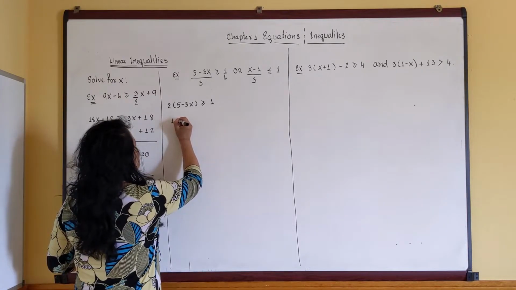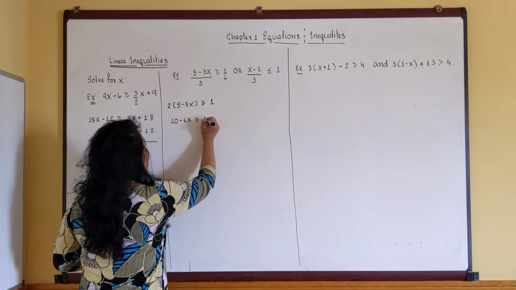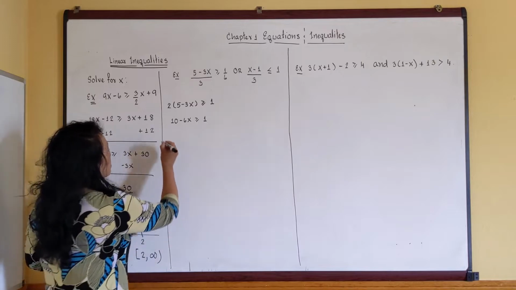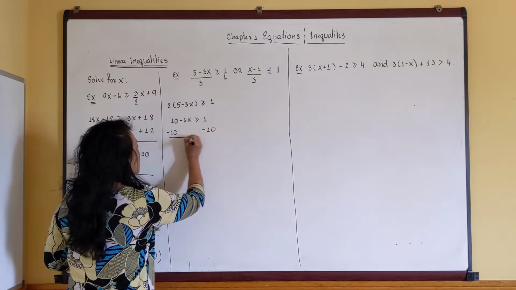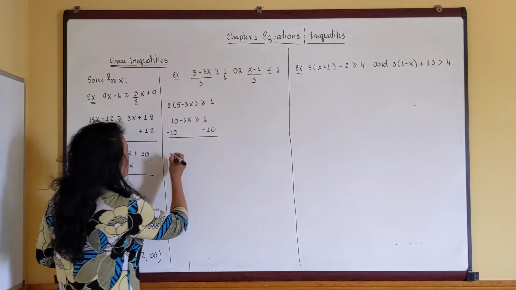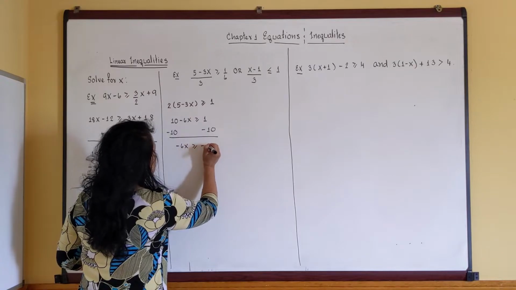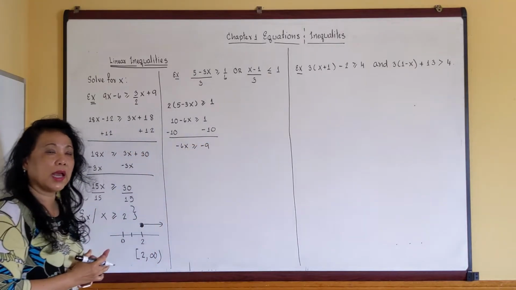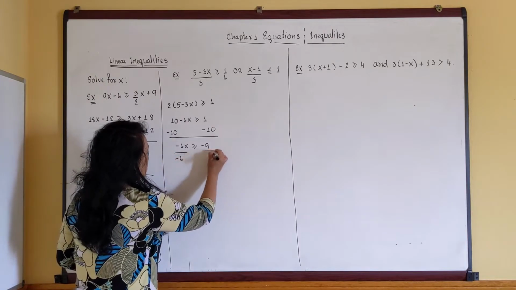Then I have 10 minus 6x greater than or equal to 1. I can subtract 10 from both sides. Again, this is not the only way, but let's do this. So I have negative 6x greater than or equal to negative 9. Now I want to have x by itself, so I have to divide by negative 6.